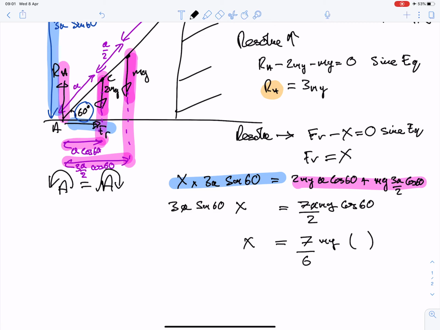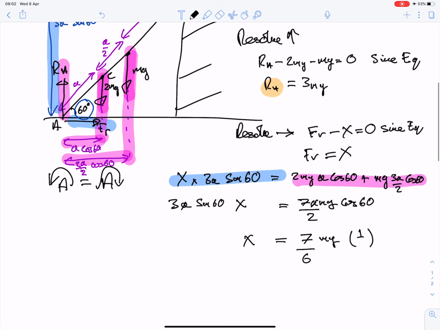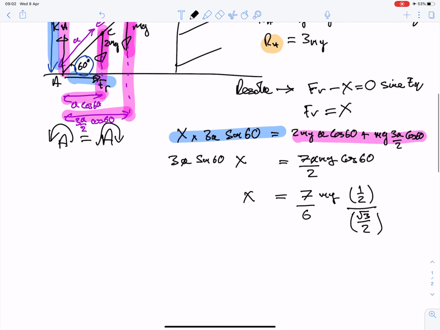Okay, so we can now collect like terms. We've got mg cos 60 here, so that's going to be 4 over 2, so 7A mg over 2 cos of 60 equals 3A sine 60 times X. So the A's are going to cancel.